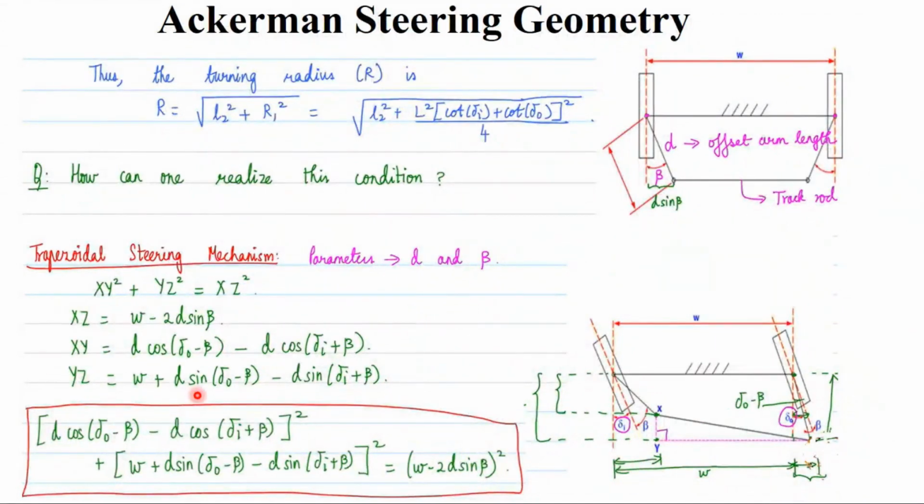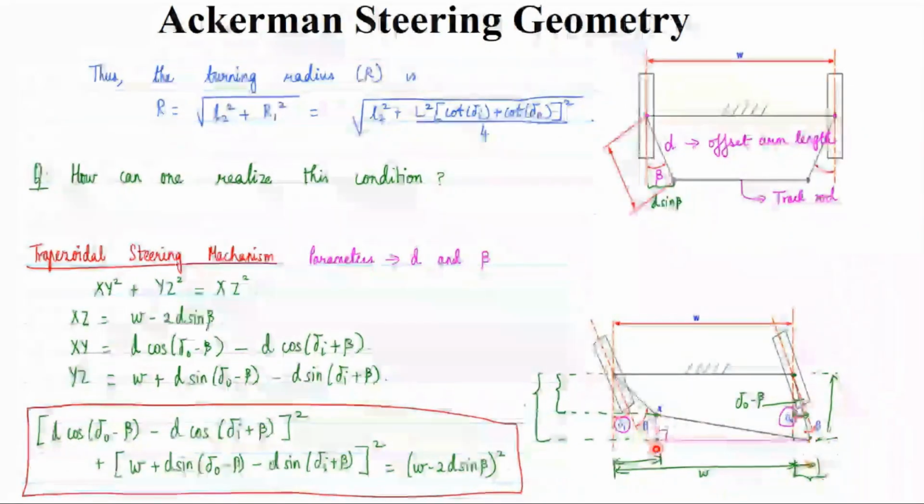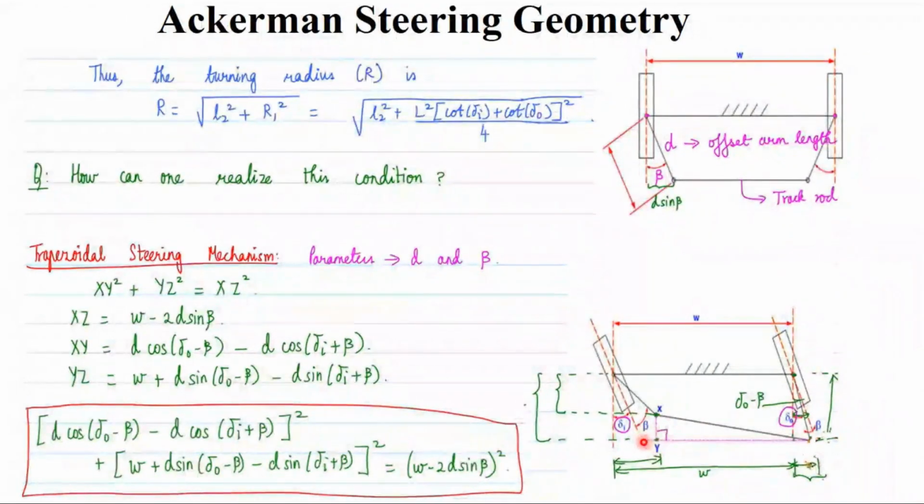And xy is nothing but, applying the cos theta, you get d cos del O minus beta minus d cos del I plus beta.